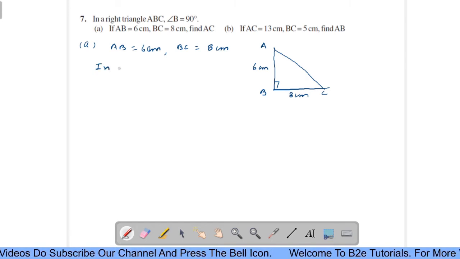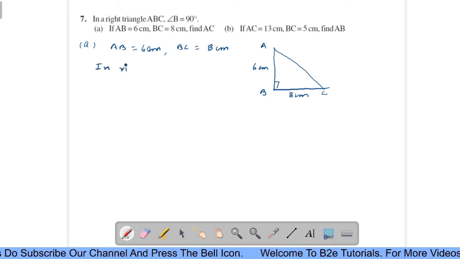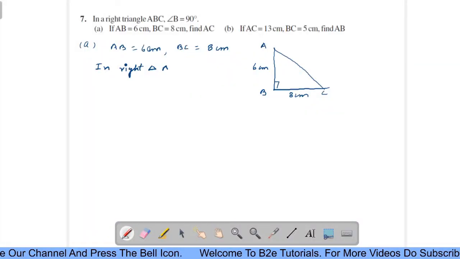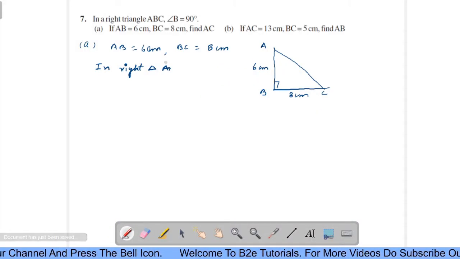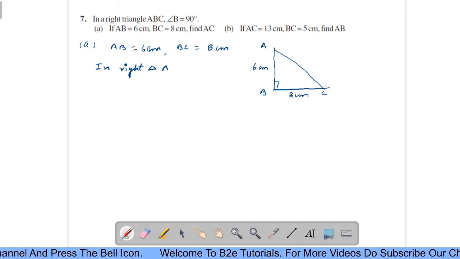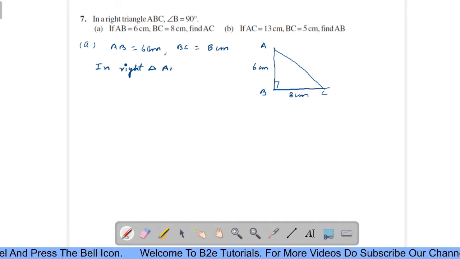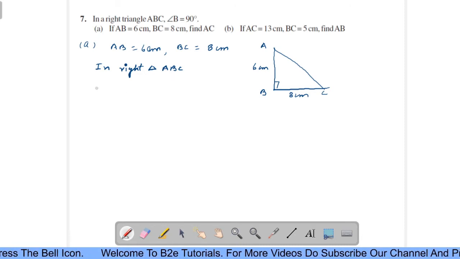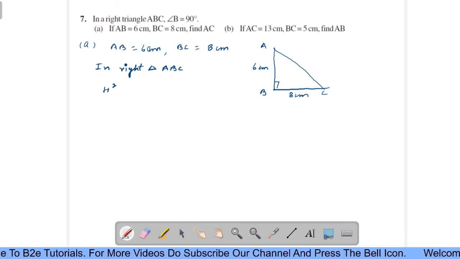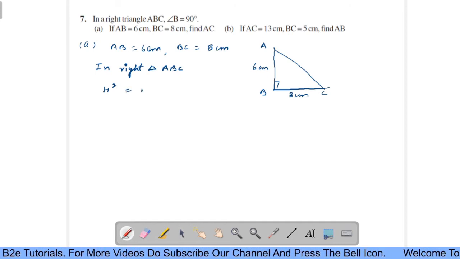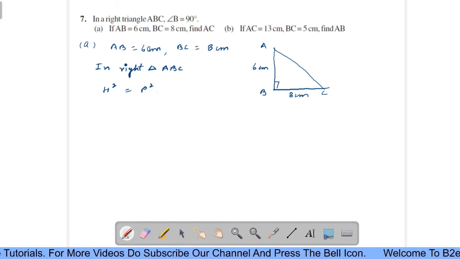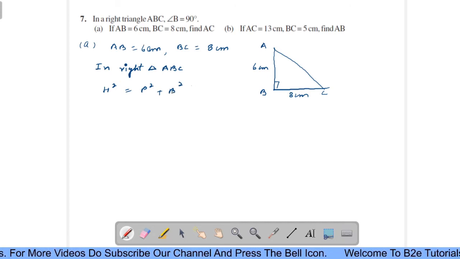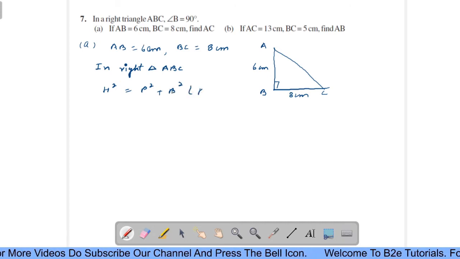in right triangle ABC, hypotenuse square equals perpendicular square plus base square by Pythagoras theorem.